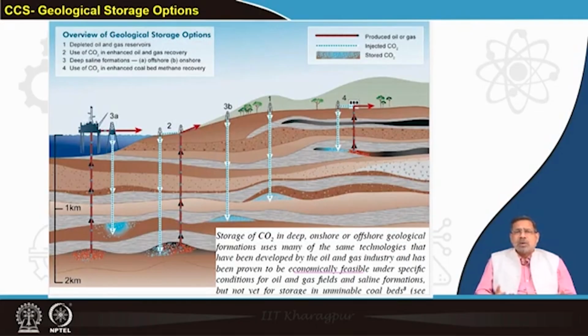You see, in a similar way, wherever the coal has been extracted, you have some gap or vacuum area there. So in those places also carbon can be injected, and there the gap is there, so carbon can be stored there. So these are the four options in terms of geological storage.